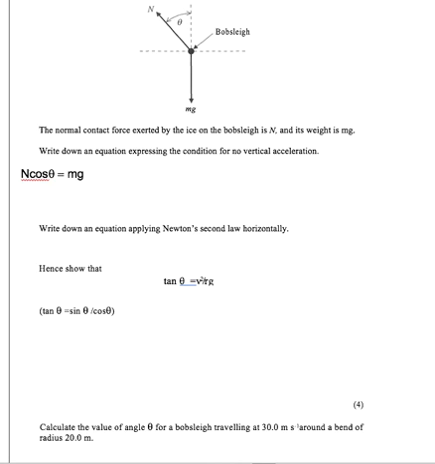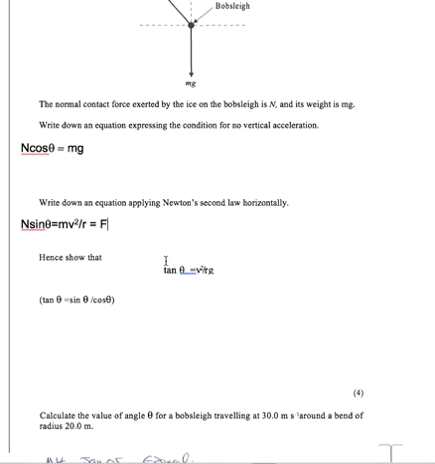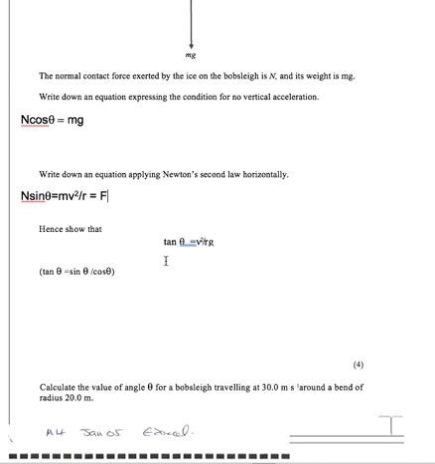So we could write down that n sine theta equals mv squared over r equals F. F equals n sine theta might do it, but certainly putting in the mv squared over r can do no harm. So hence show that tan theta equals v squared over rg, and it tells you that tan theta is sine theta over cos theta.